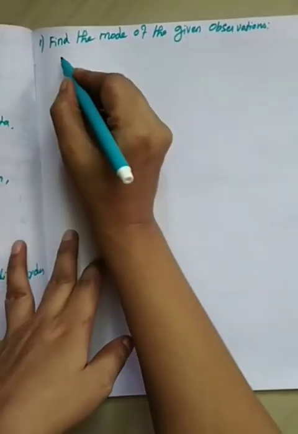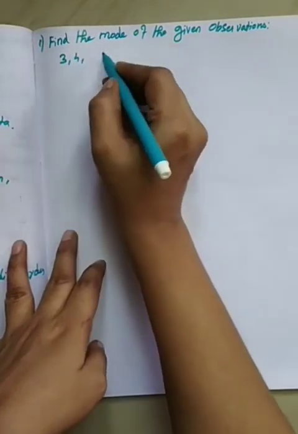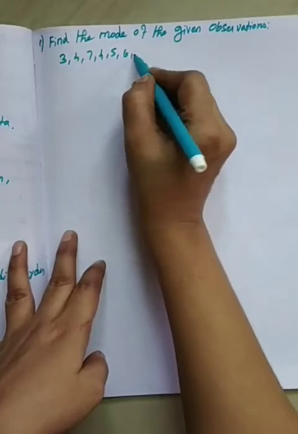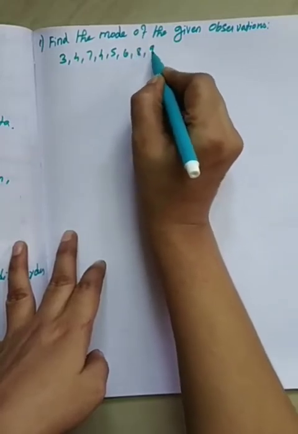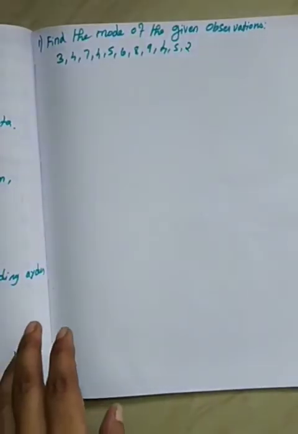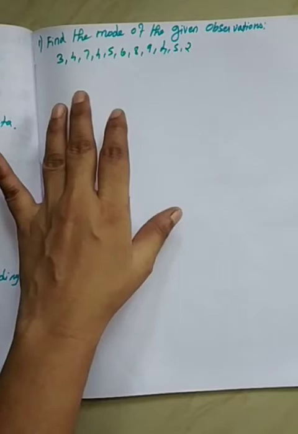The numbers are 3, 4, 7, 4, 5, 6, 8, 9, 4, 5, 2. Now you have to find the mode of this one.